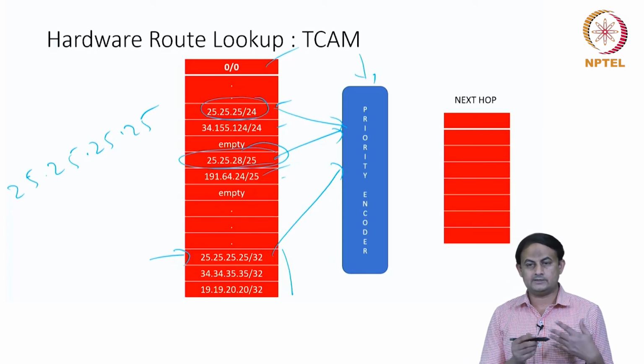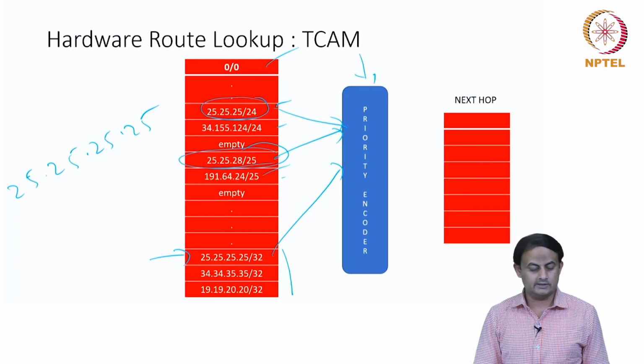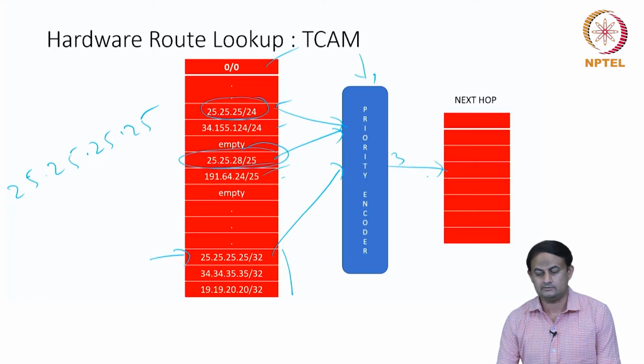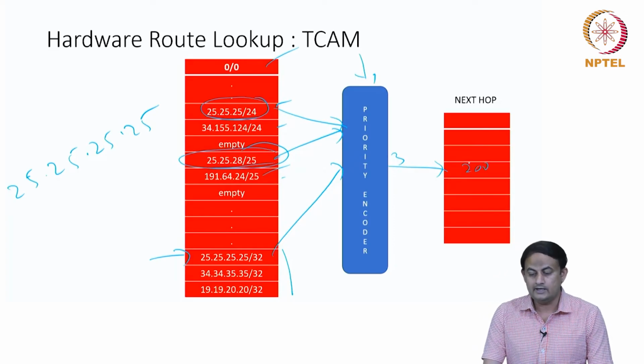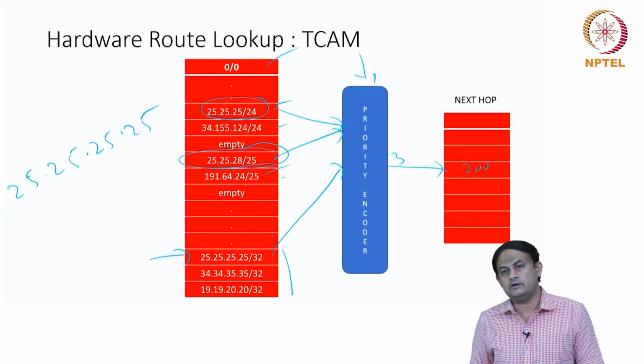So here in this case, the priority encoder will come back and tell that the third entry is the best, the longest prefix that is matched, and you need to go to this particular location, find out the port number information that is written there, and forward this packet to that port number.